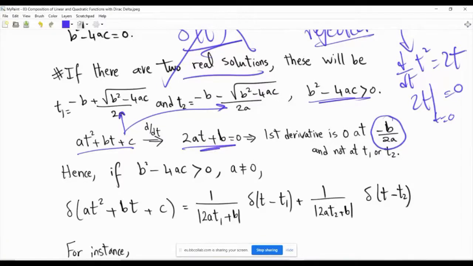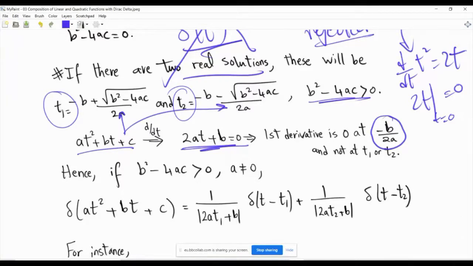So the first derivative is 0 at points that are different from t1 and t2. In that case, the first derivative is a linear function, which is a continuous function, and it is not 0 at t1 and t2, and we have everything on the previous slide satisfied.